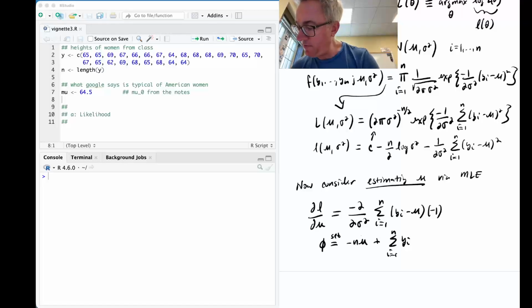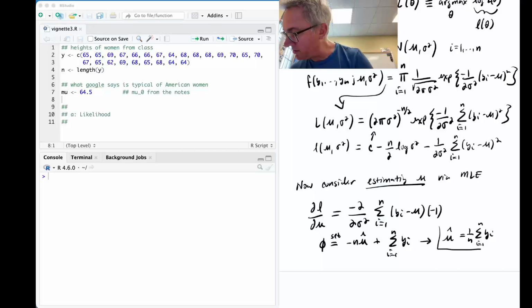It's customary to put a hat on the mu at this point because this is the value that you're going to solve for. And if you look at this closely, what I really have is a positive n times mu hat on one side, and then I've got a sum of the y's on the other, and I can divide both sides by n, and I get my answer. So mu hat is the sum of the y's divided by n.